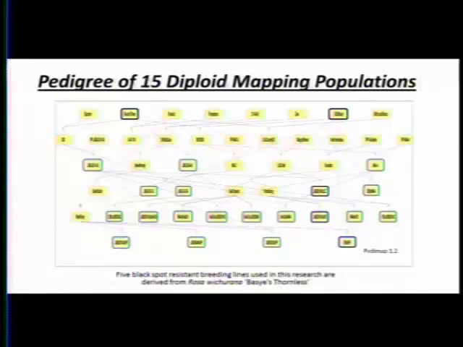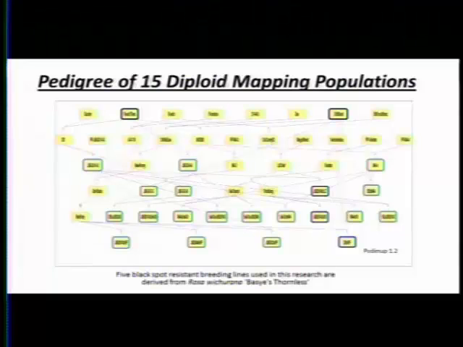In my project, all 15 diploid populations are related via this pedigree. On the top are the founder parents, which means the parents of these founders are unknown, so we have no clue about them.